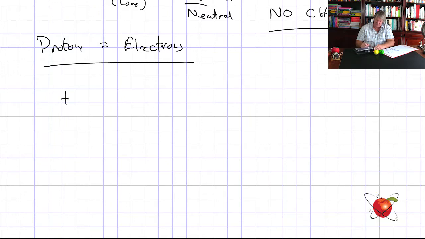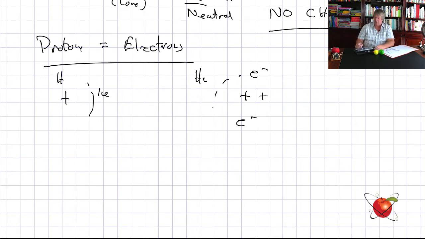Each element is arranged with 1 extra proton and electron as it goes up. So hydrogen has 1 proton and 1 electron. This is hydrogen. Helium has 2 protons and another electron there and another electron there.